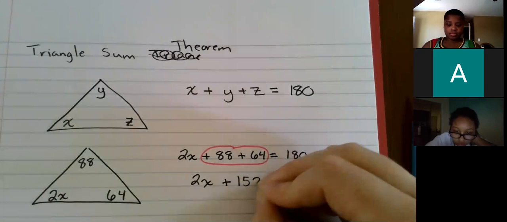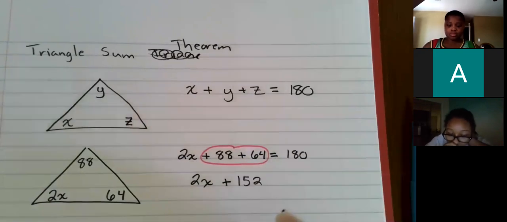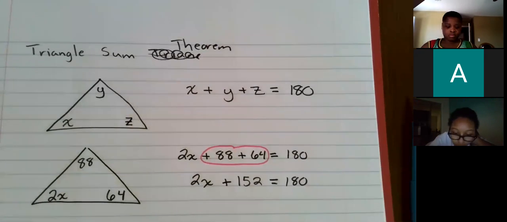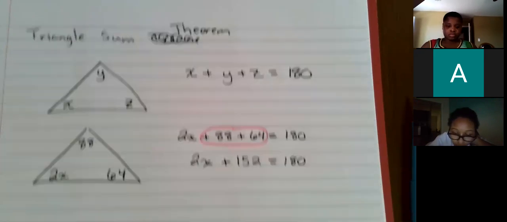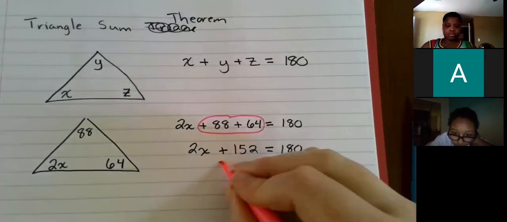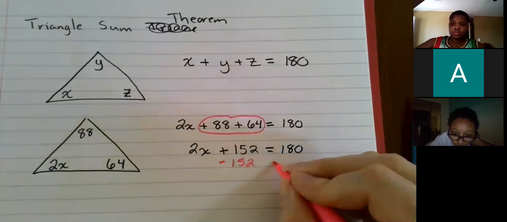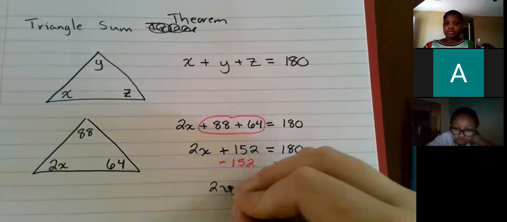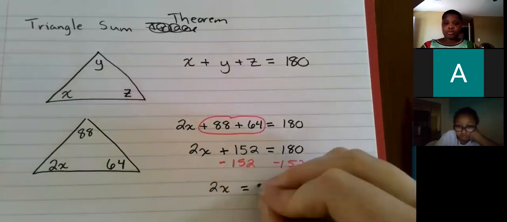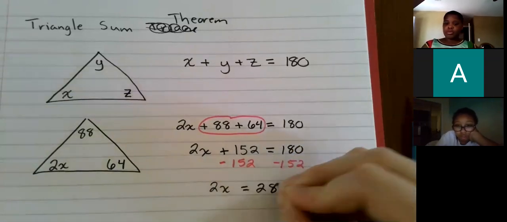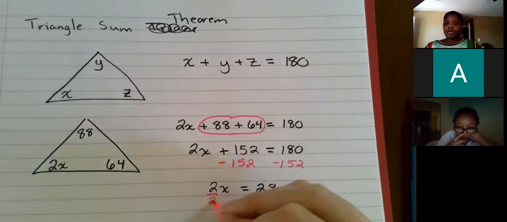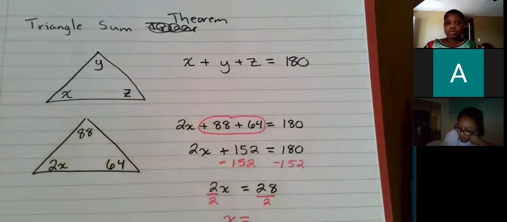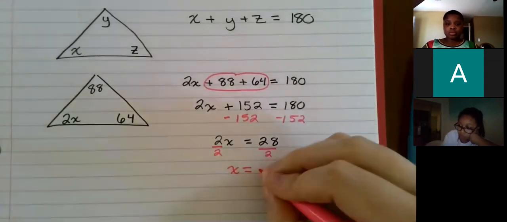So we get 2x plus 152 is equal to 180, and then we just go ahead and start solving. We do our inverse operation, which would be to subtract first. We would subtract the 152 from both sides, and that would give you 2x is now equal to 28. And then you would divide both sides by the 2, and you would get x is going to be equal to 14.